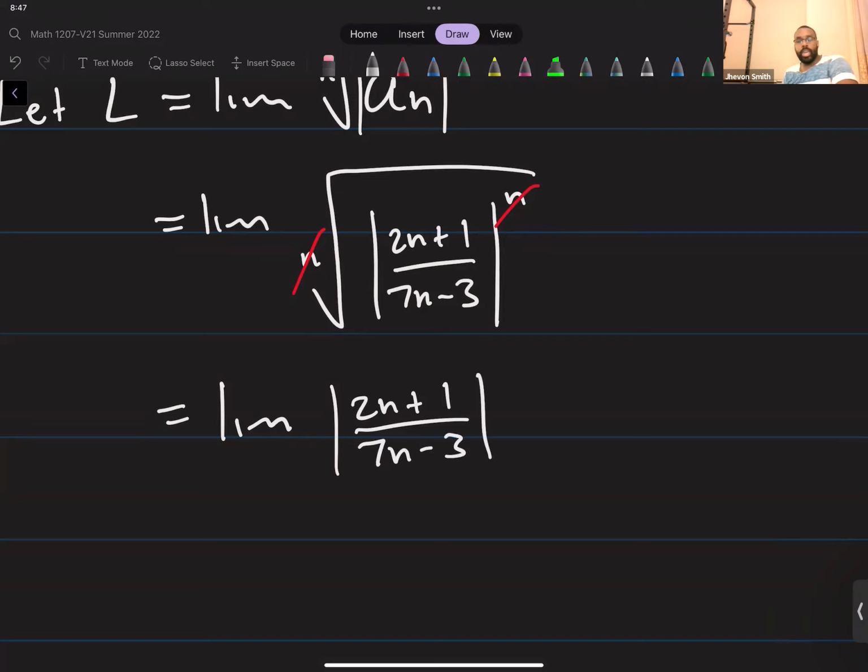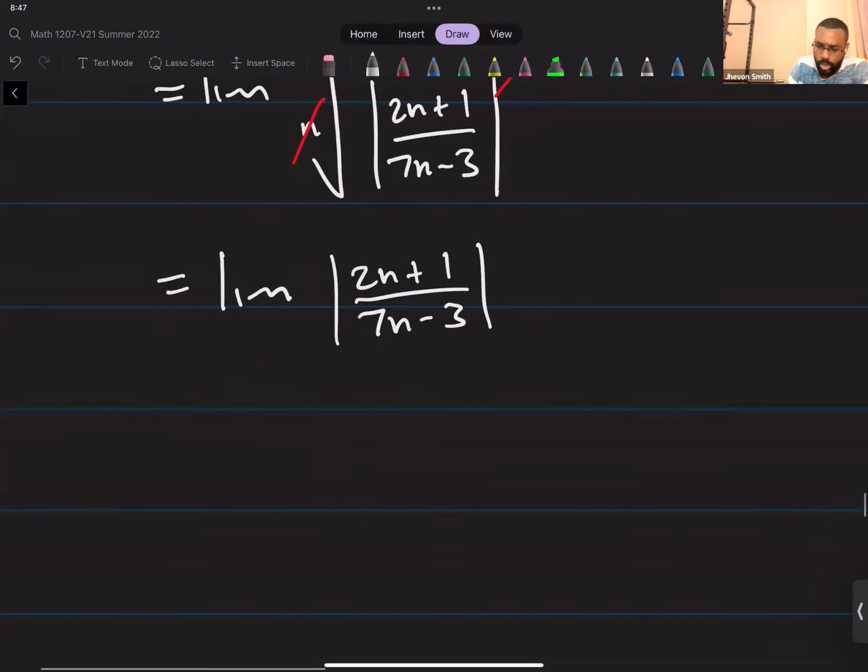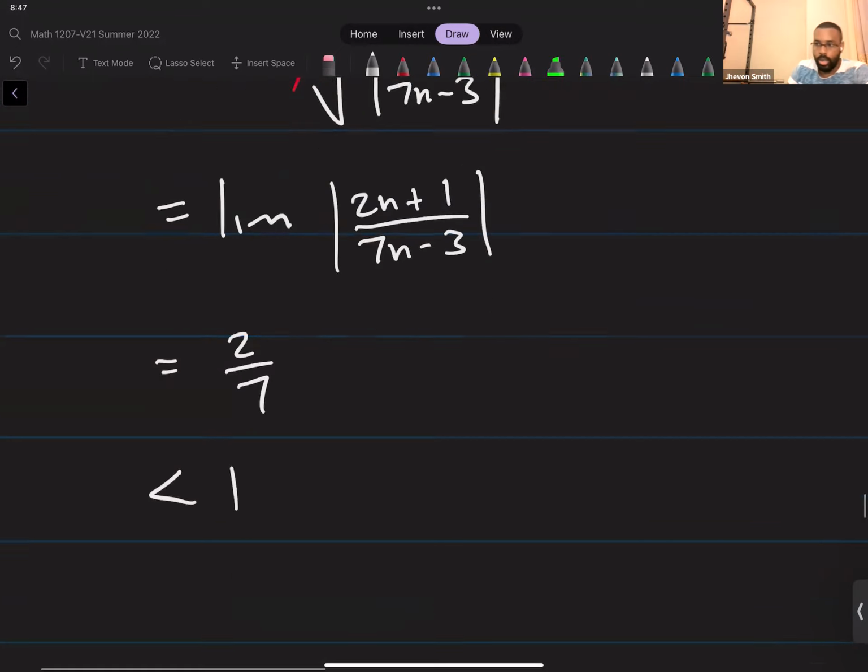You now have a rational expression. You're taking the limit as you're going off to infinity. So we know that only the degrees of the numerator and denominator matter. They're both first degree. So when the degrees of the numerator and denominator are the same, it goes to the ratio of the coefficients. So this goes to 2 over 7. And you might notice 2 over 7 is less than 1.